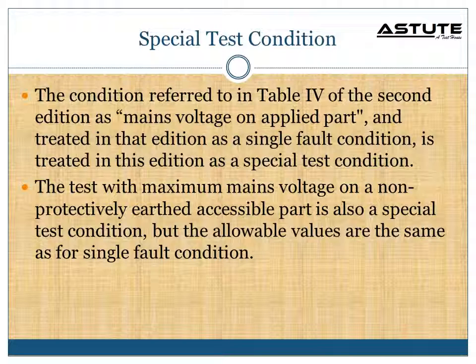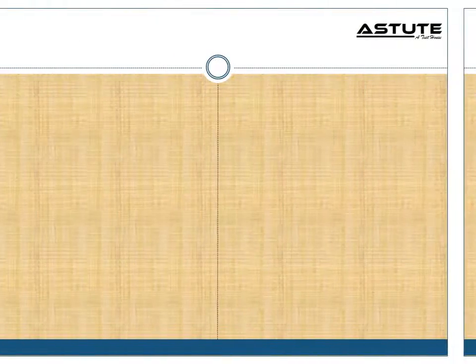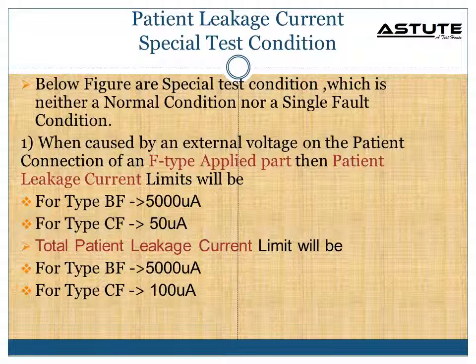Special test condition is the test with maximum mains voltage on a non-protectively earthed accessible part. In patient leakage current measurement, we measure the current also in special test condition. Special test condition is the condition which is neither a normal condition nor a single fault condition.